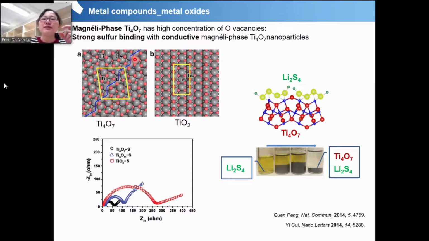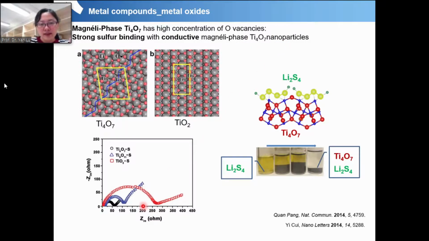This oxygen vacancy will provide very strong affinity, very strong binding energy to the polysulfides. On the other side, this oxygen vacancy will also bring the system very high conductivity. So this is called the Magnéli phase for titanium suboxide nanoparticles.